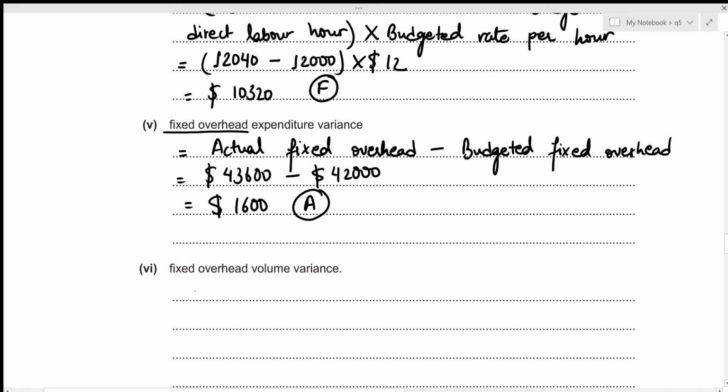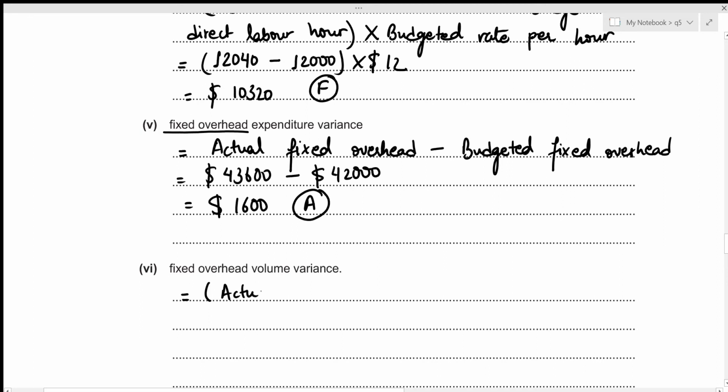Okay, now we can move towards our fixed overhead volume variance. And this is quite simple. This is just the difference of the units produced, the budgeted units and the actual units, and we multiply it with our budgeted fixed overhead per unit. So if you remember correctly, the actual units produced was 4,300, whereas the budgeted was 4,000. So we will be subtracting the budgeted one from the actual one.